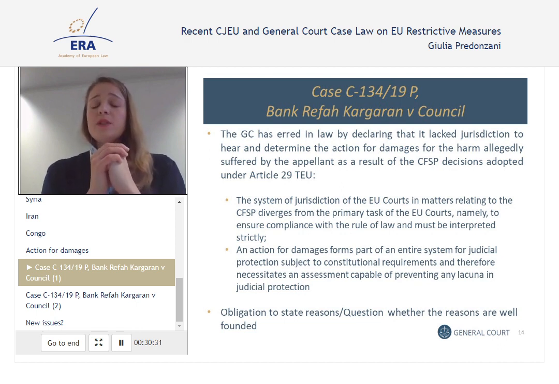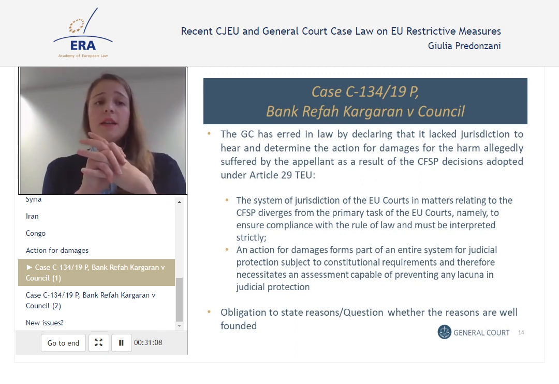In the first place, the Court of Justice examined of its own motion the question whether the courts of the EU have jurisdiction to hear and determine an action for damages in such cases, and it did so as a matter of public policy. In this case, the court held afterwards, on the one hand, that the General Court was fully entitled to declare that it had jurisdiction to hear and determine the claim for damages for the harm allegedly suffered by the appellant as a result of the restrictive measures taken against it pursuant to regulations based on Article 215 TFEU.